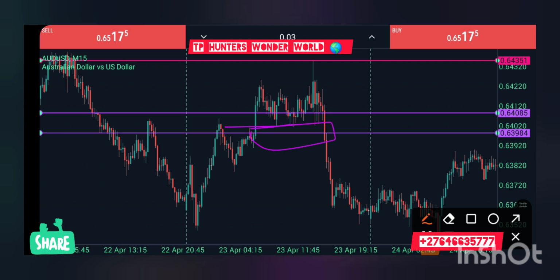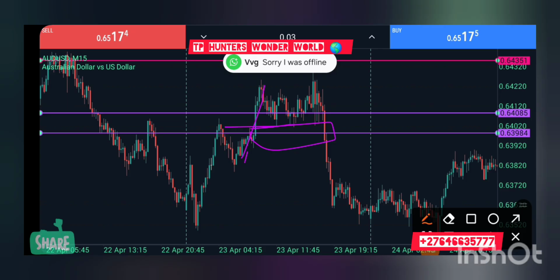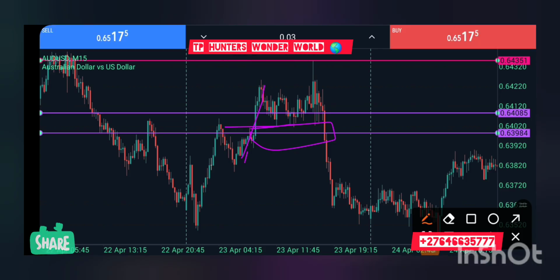Price broke the recent highs and formed a fair value gap for convincing retail traders that I'm going up, it's a buy. Breakout and retest, it went up to retest this level and came back.